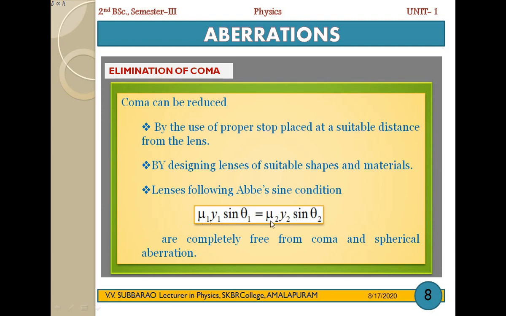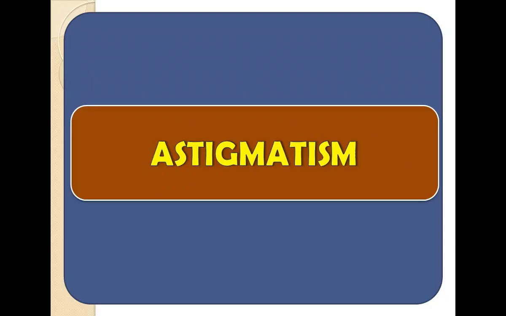Here mu1, mu2 are the refractive indices of the media present on either side of the lens system. y1 is the height of the object, y2 is the height of the image. Theta 1, theta 2 are the angles made by the incident and refracted rays.